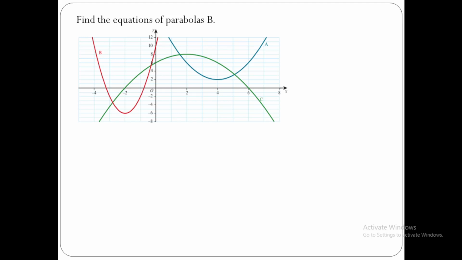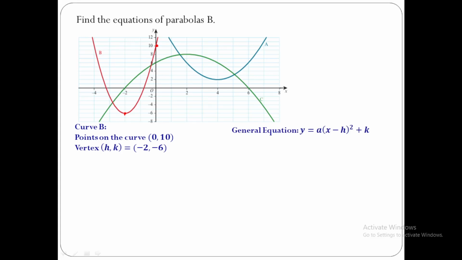Here I have used 2 points, one is the vertex, the other one is the y-intercept. Here the vertex is minus 2 comma minus 6 and the y-intercept is 0 comma 10. Use these 2 points and substitute h comma k in the general vertex form of the parabola, and then substitute 0 for x and 10 for y to determine the value of a.